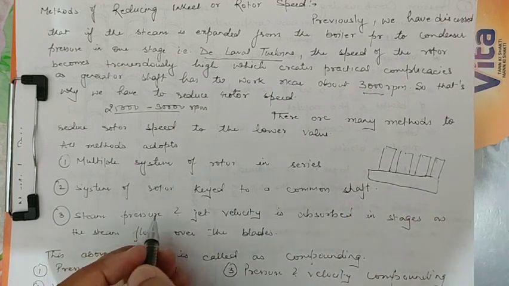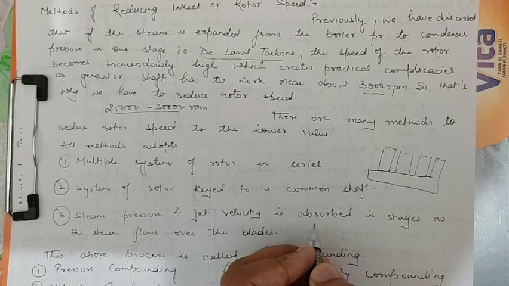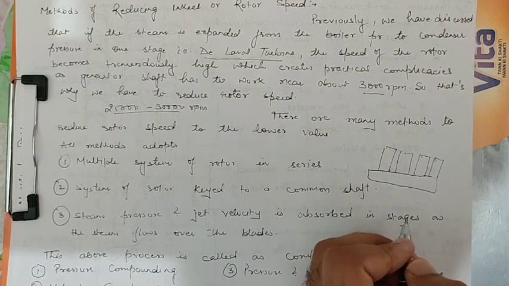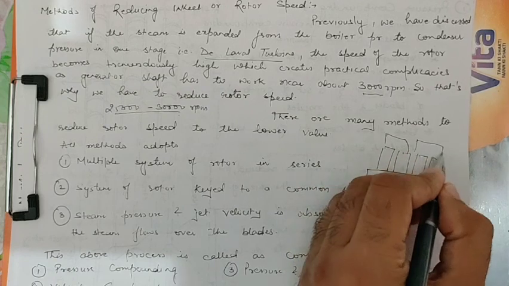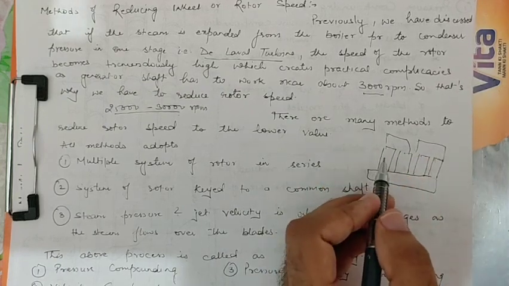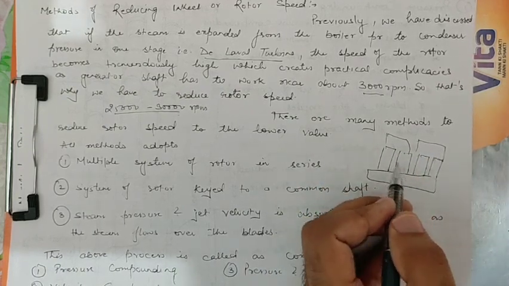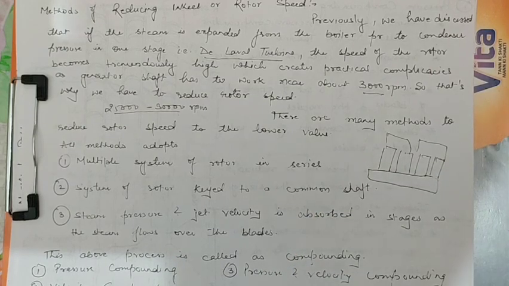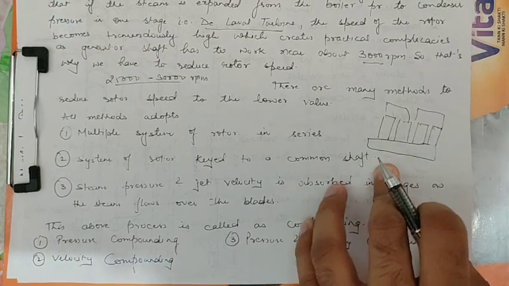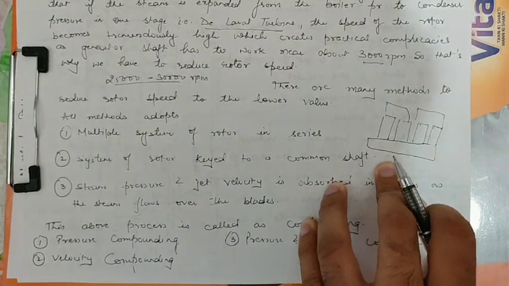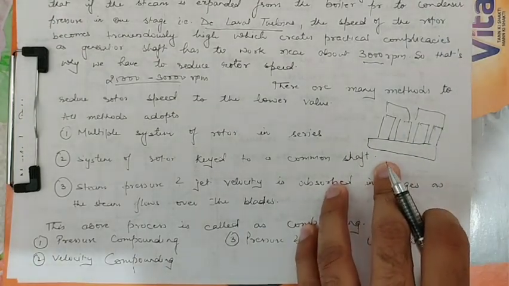Now we can use a system of rotors which are keyed to the turbine shaft in series. And the steam pressure and velocity are absorbed in a number of stages, like stage 1, stage 2, so that the pressure and the velocity are absorbed by the stages. This method of reducing rotor speed is called turbine compounding. There are many methods of turbine compounding.